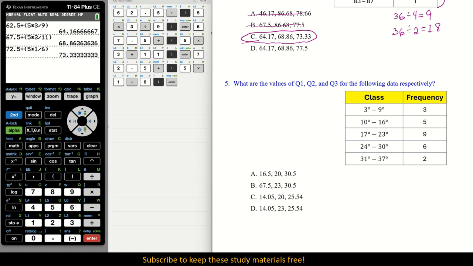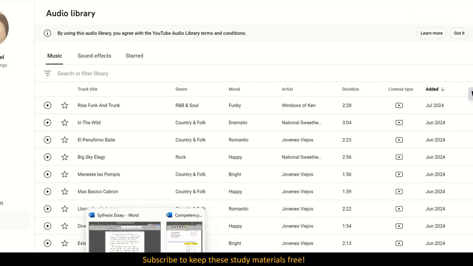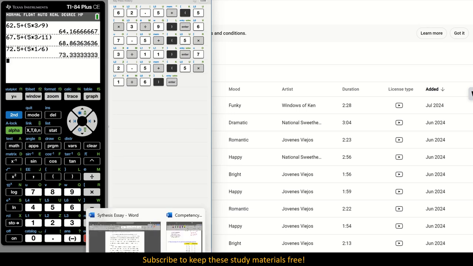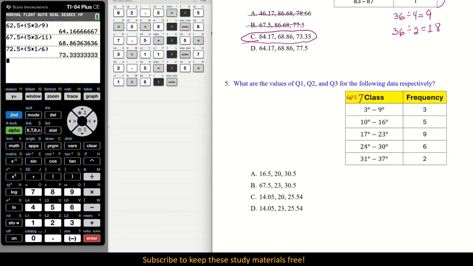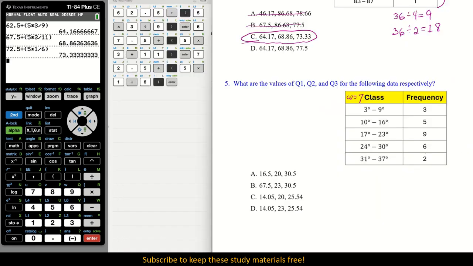Okay, our width equals 7 for this one. Okay, and our total is 25.